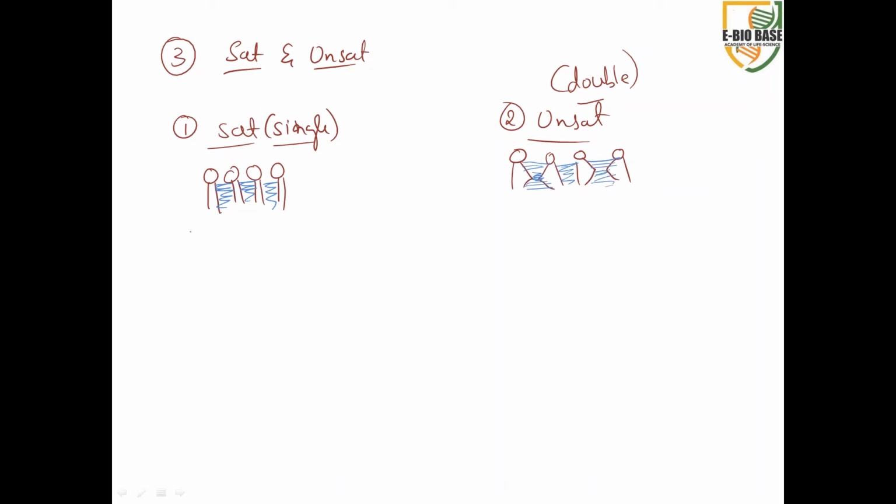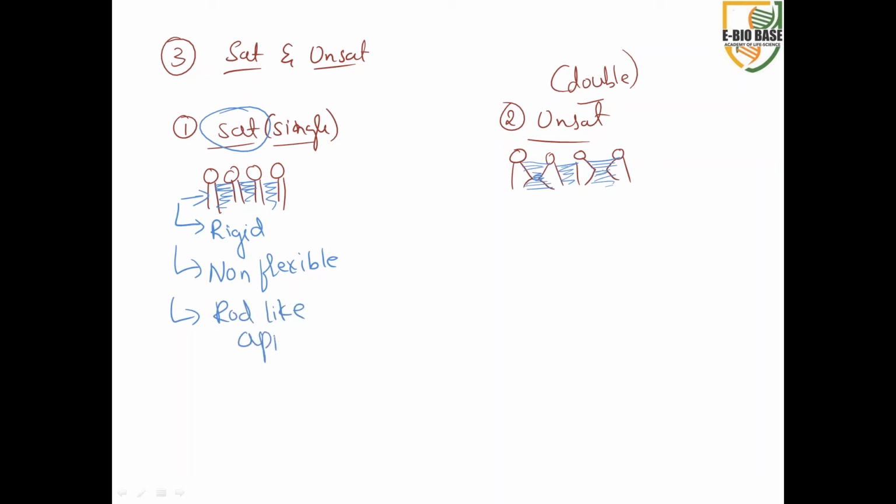That means when you look into the interactions, saturated fatty acid tails are rigid, non-flexible, with a rod-like appearance. Because of this rigidity, this rod-like appearance and non-flexibility, they are going to give more interaction.